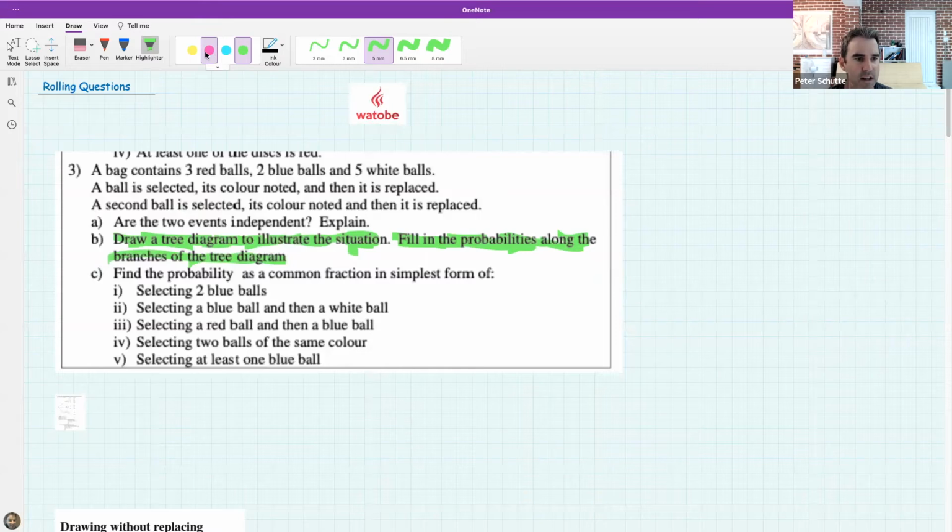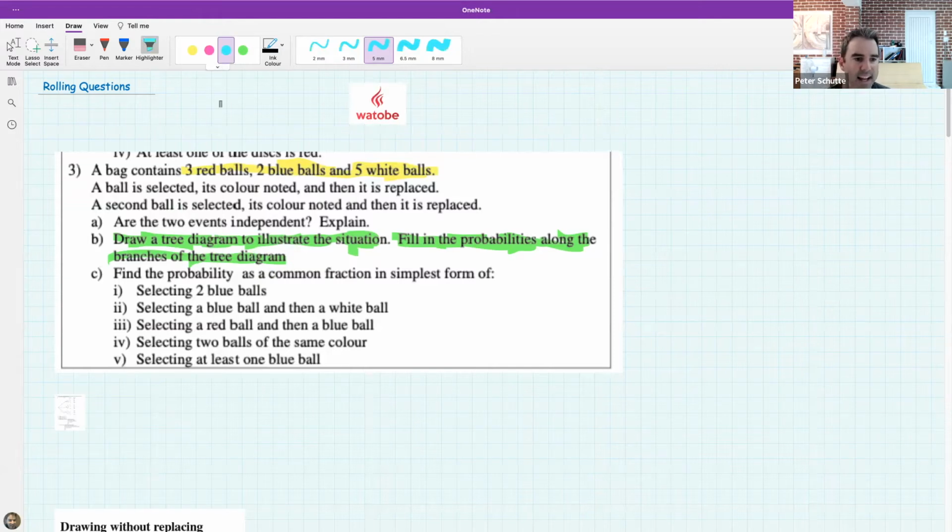And you're given a bag and it's got 3 red, 2 blue, and 5 white. So draw me a probability tree showing the different possibilities. You are selecting 2 balls, but you're replacing those balls after you select.